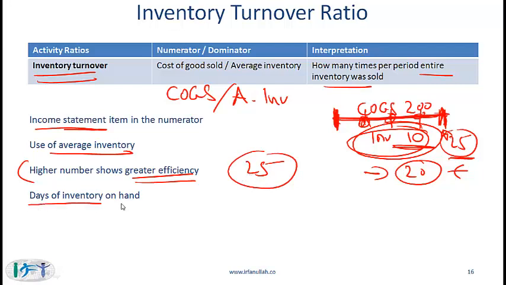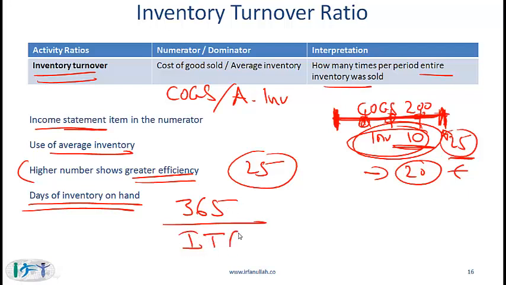You also need to understand this item, days of inventory on hand. This is calculated by taking the number of days in a period. So if we are taking a 1 year period, then we have 365 days in a period divided by the inventory turnover ratio.